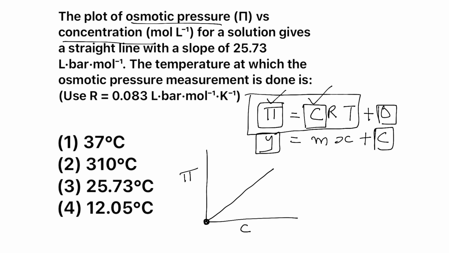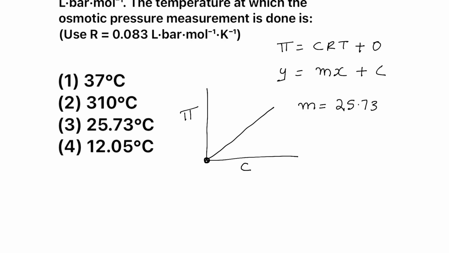Now, as per the question, what is the slope? The slope is equal to 25.73, correct? For easy understanding, I am putting that value: slope m value is 25.73x plus c, just for understanding.